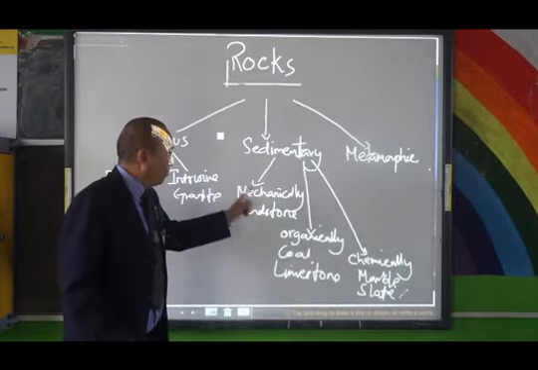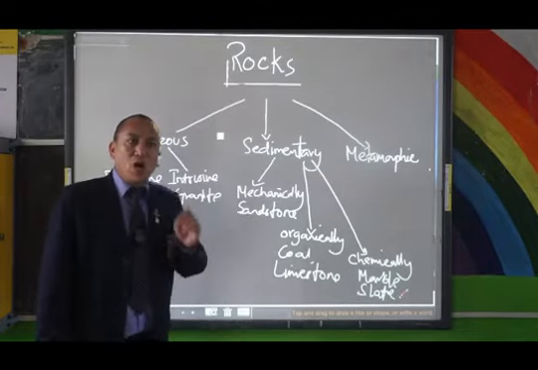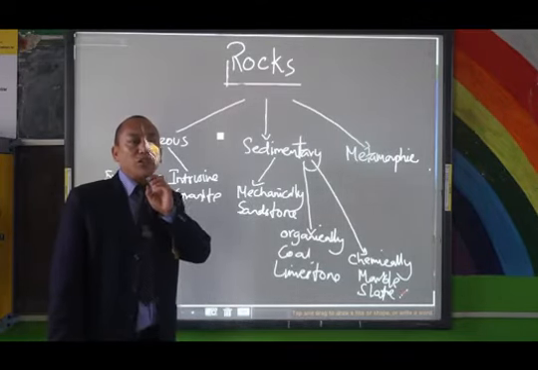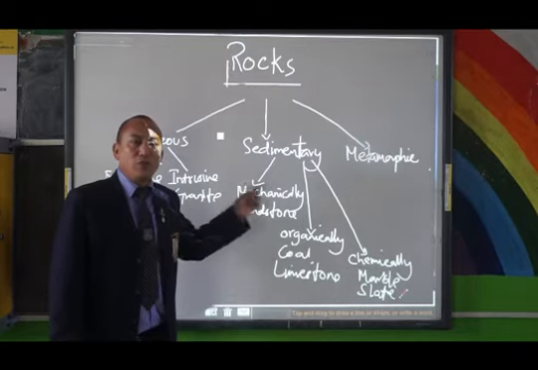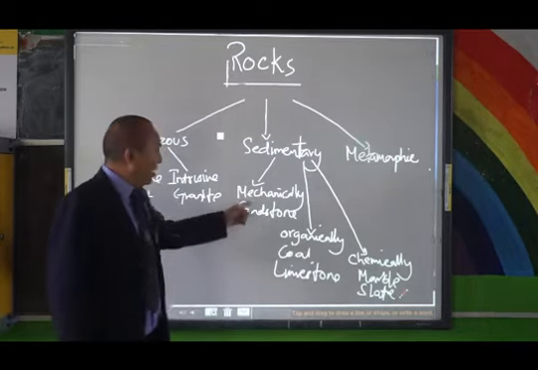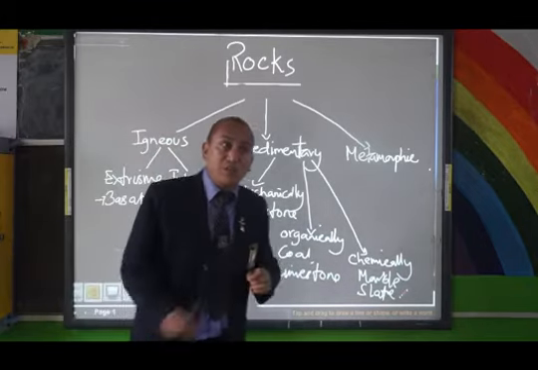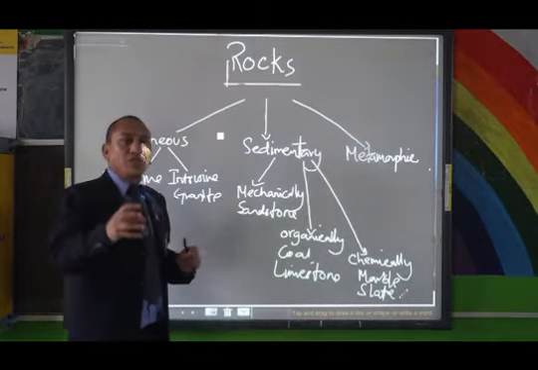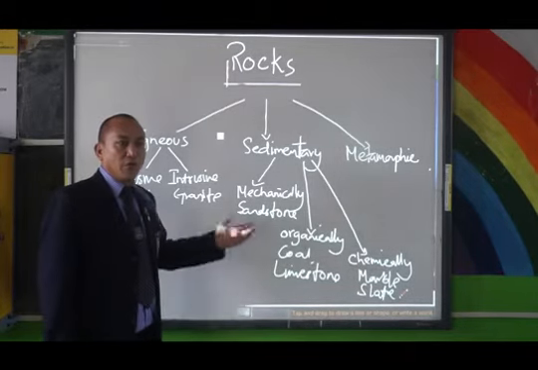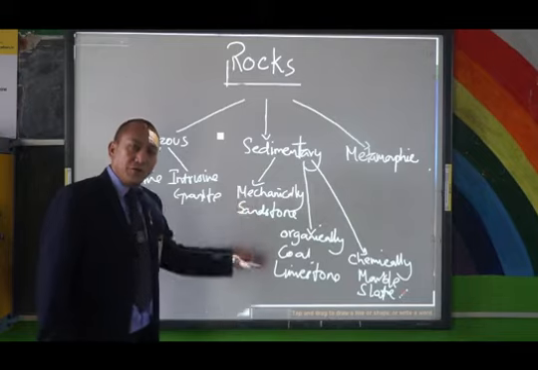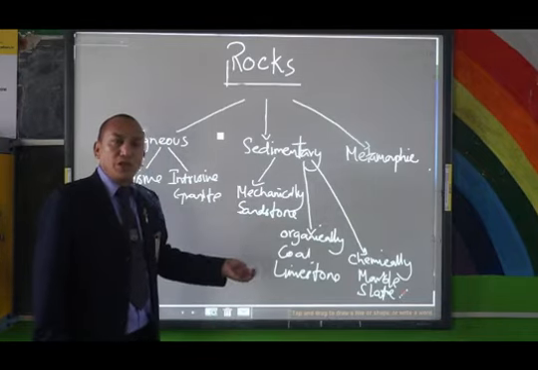Now the first one, mechanically formed sedimentary rocks. How are they formed? Mechanically formed sedimentary rocks are those rocks which are formed because of the erosion, because of the breaking down of rocks by the river, by the water, or by the glaciers.